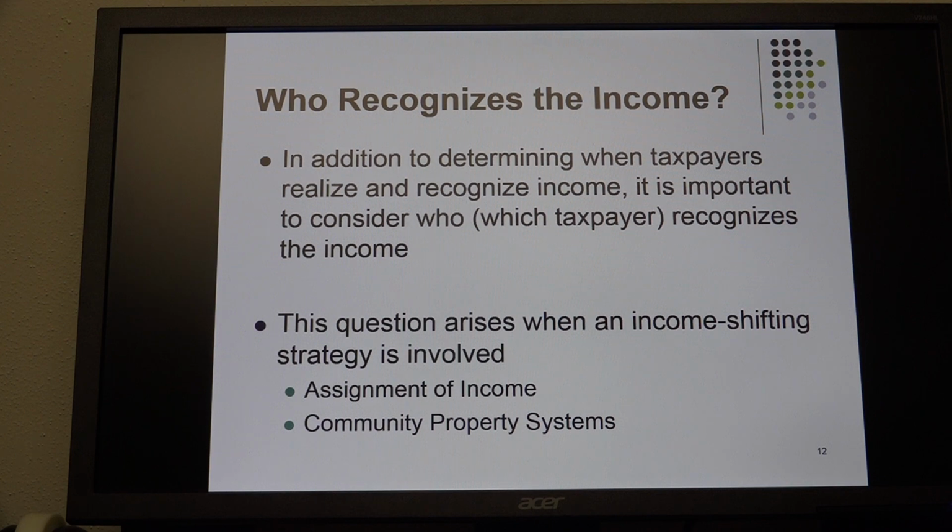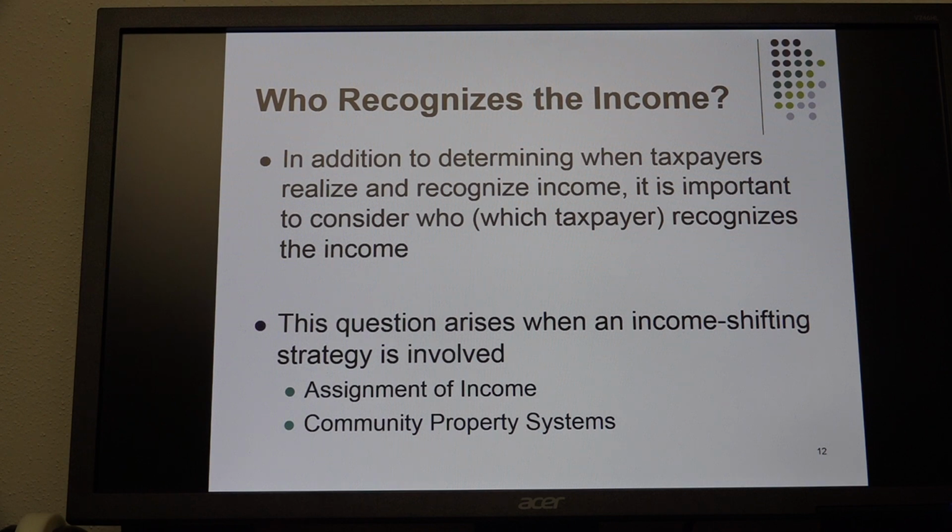And so you own stocks and the stocks pay a dividend. That dividend is taxable to you. Now, it's at a lower rate, but it's still taxable to you. You own rental property and you receive rental income. Well, because you own the property, you have to recognize the rental income.